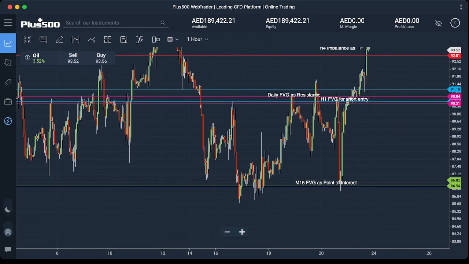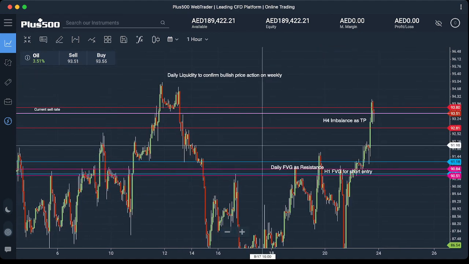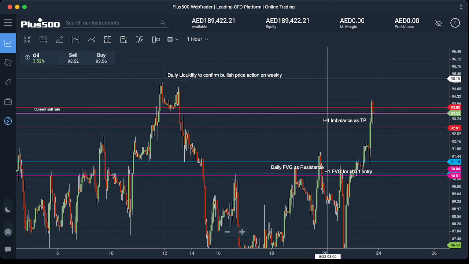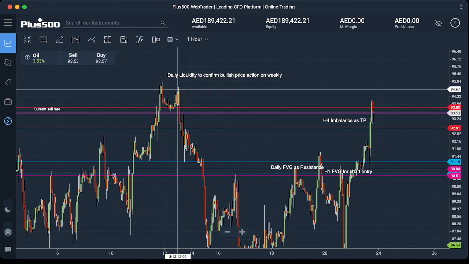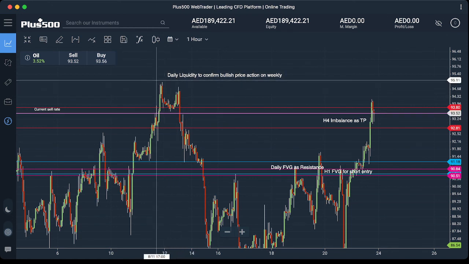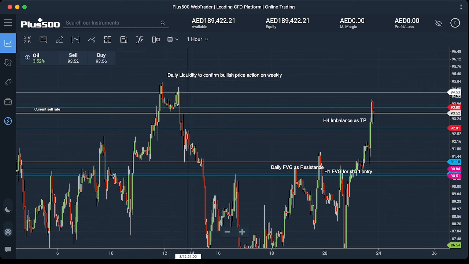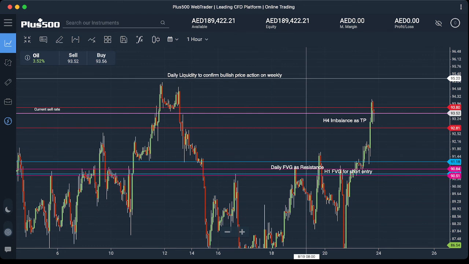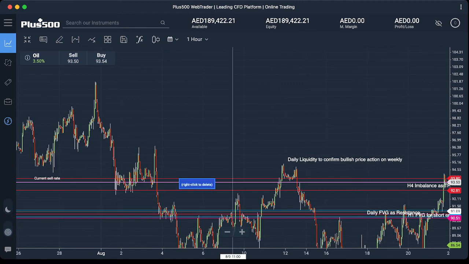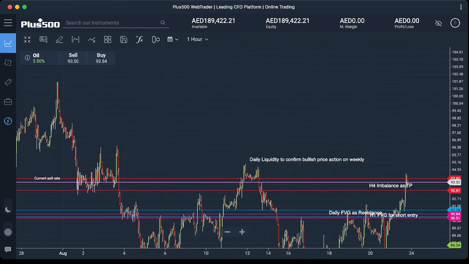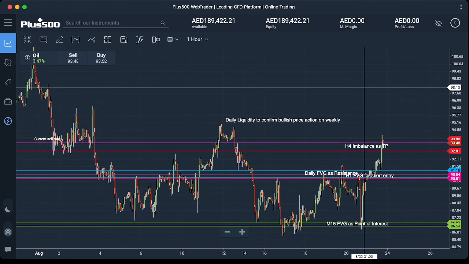But what we can see here, we are expecting the price to go above this high as a daily liquidity, and if we go above this high here, which is very possible and very probable, in that case we are getting the weekly confirmation, because I'm showing you later, maybe at the end of the week or in the future days, that will be bullish price action for crude oil for the next weeks, because it is showing in the daily chart, in the weekly chart.